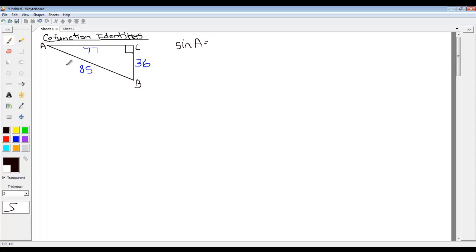And here, this is just a right triangle. We don't need to worry about what quadrant it's in right now because they've gone ahead and labeled the side lengths for us, and they're all positive. So we just work with what we've got. So sine of A, we look at angle A right here, and we look at opposite side length over hypotenuse length. So 36 over 85.